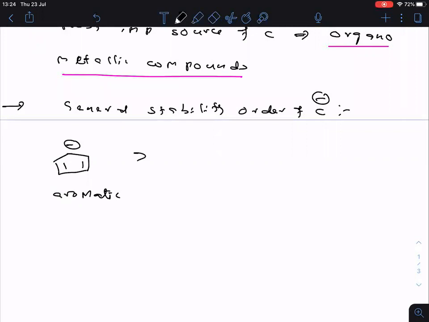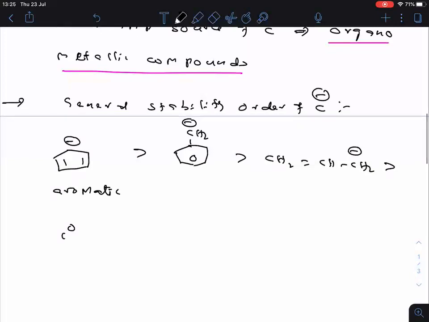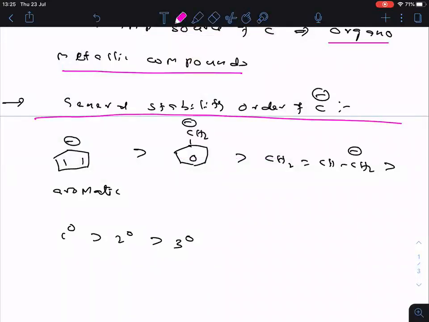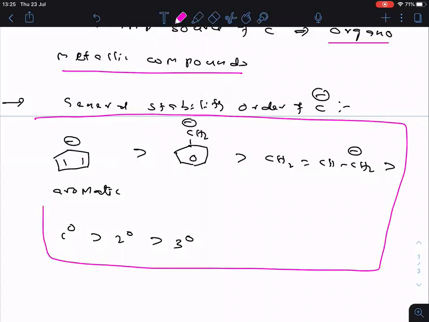Then the next comes benzylic carbanion. Then allyl carbanion. Then primary greater than secondary greater than tertiary. So this is the stability order of the carbanions.